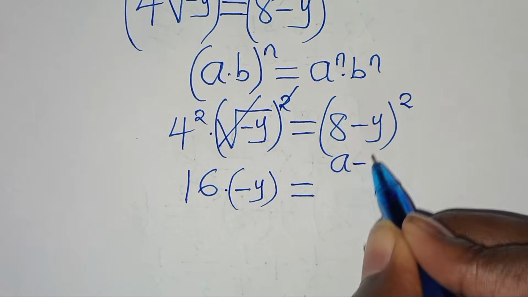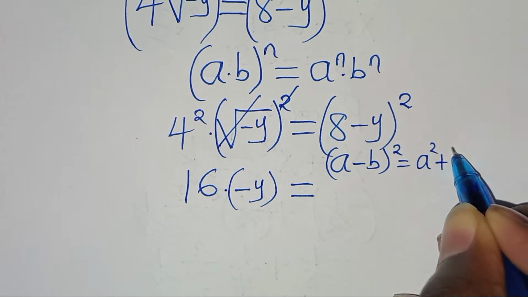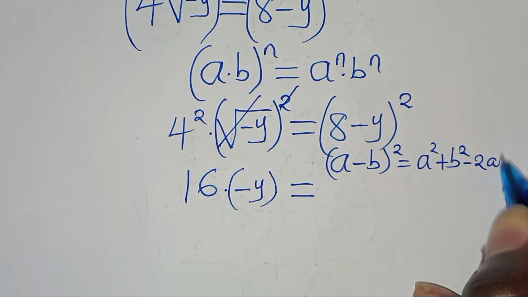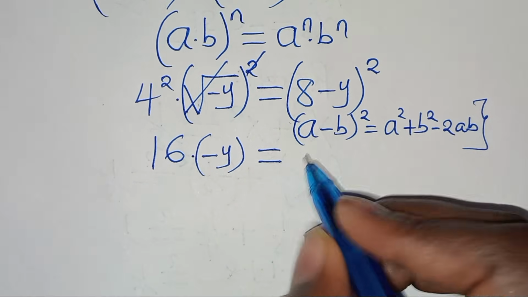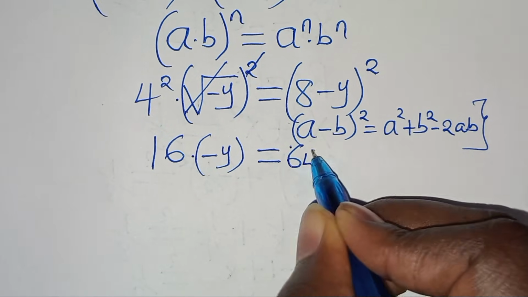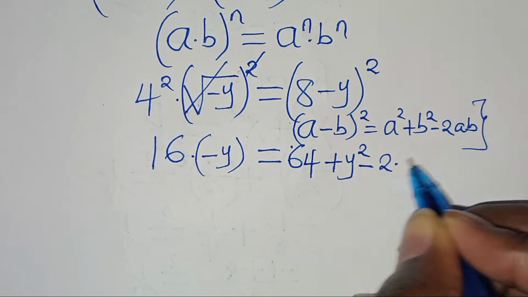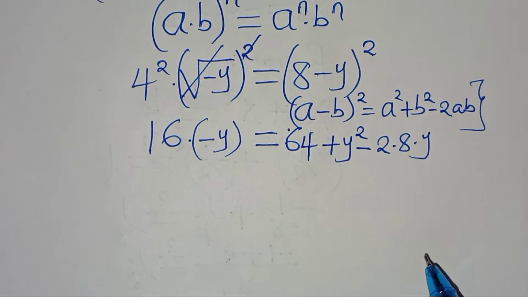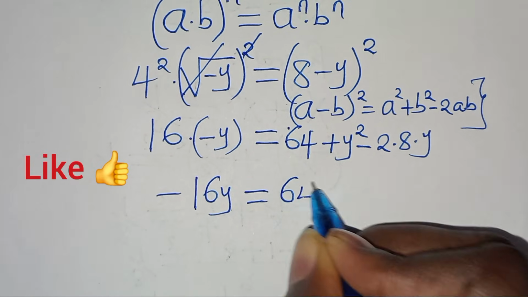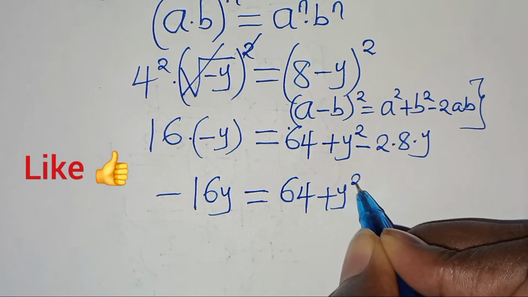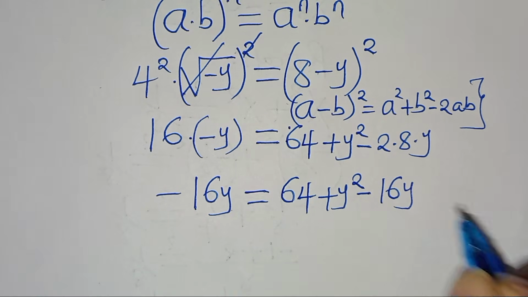This is in the form of a minus b to the power of 2, which we can express as a squared plus b squared subtract 2 times ab. Applying this algebraic identity, here we have 8 squared, which is equal to 64, plus y squared, subtract 2 times 8 times y, which is minus 16y.